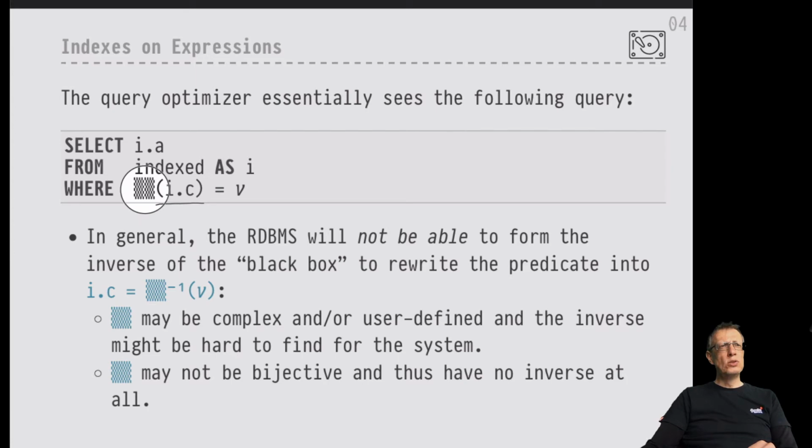Because of this knowledge, we were able to remove this gray box and actually compute its inverse. So we were applying the inverse of this gray box to the left-hand side and to the right-hand side.